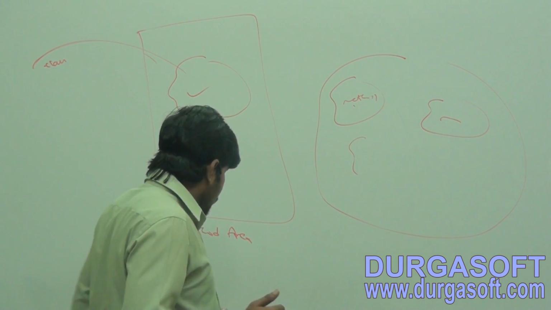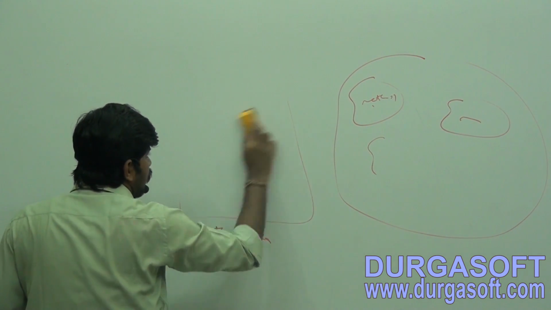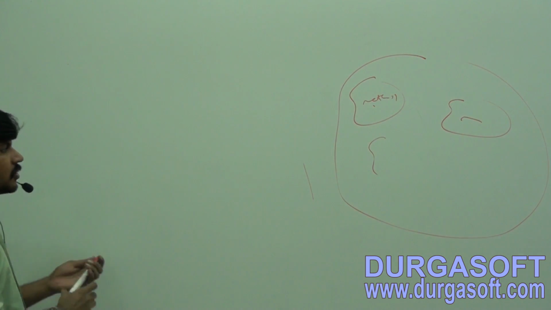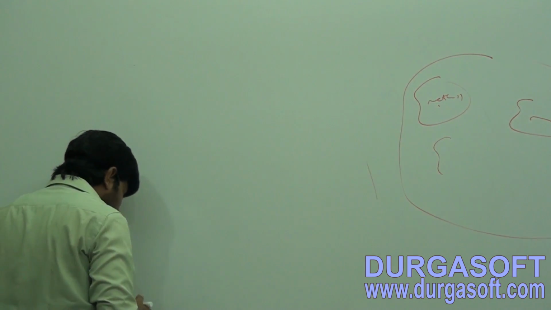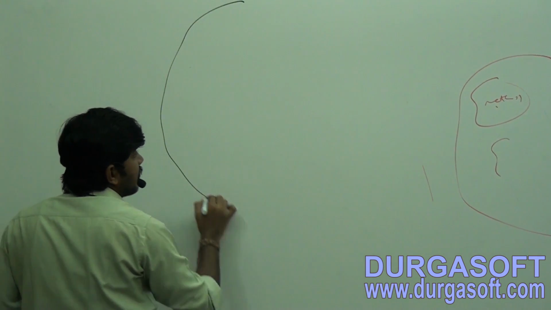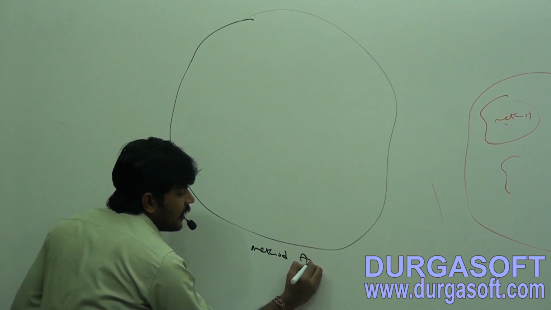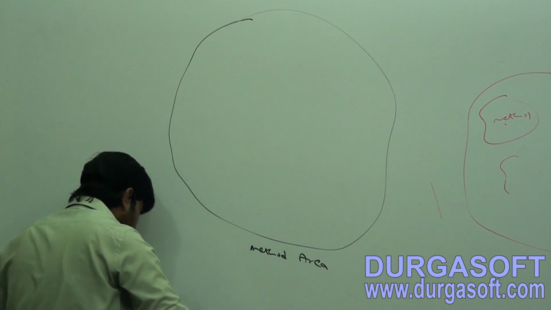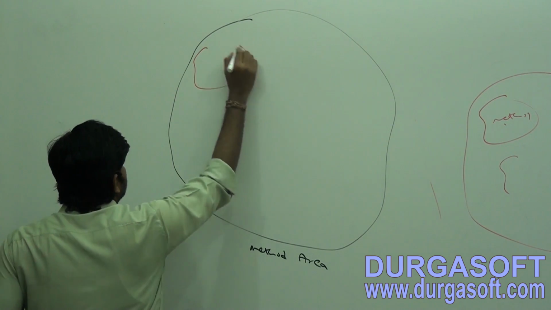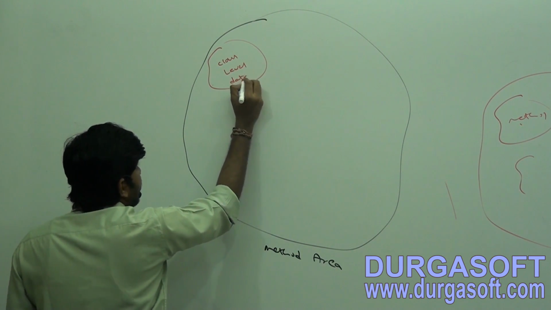Okay, sir, inside method area, which data will be saved by default? I hope you are aware, right? Suppose assume this one is the method area. In the method area, which data by default will be there?